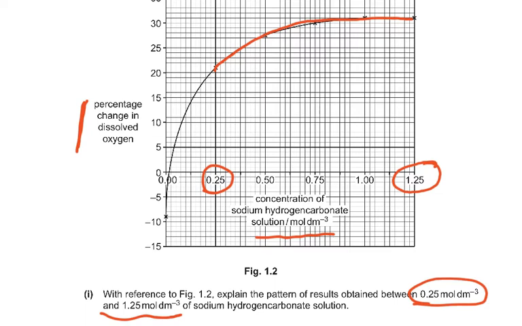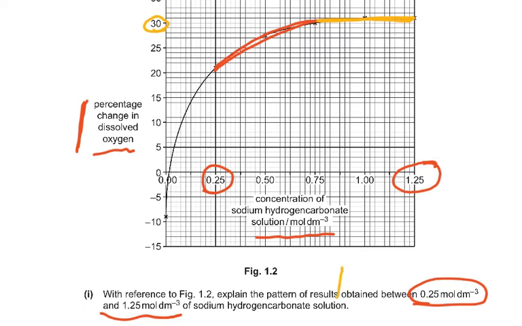It's becoming constant. So the percentage change in dissolved oxygen is increasing up till here. But then as you can see here, it has become constant at 30. 30% is the percentage change in dissolved oxygen.